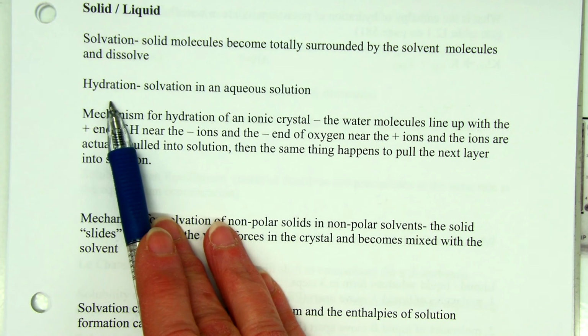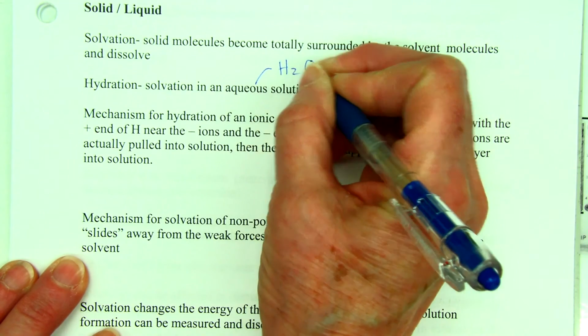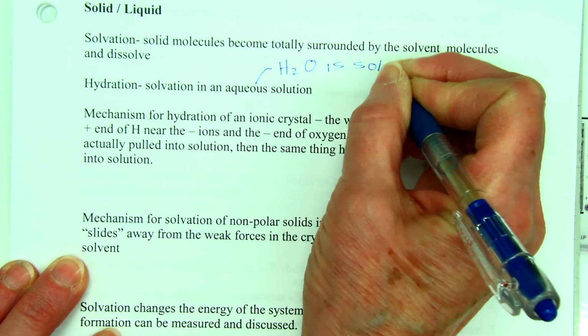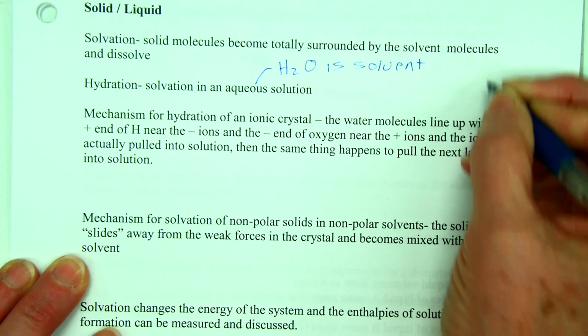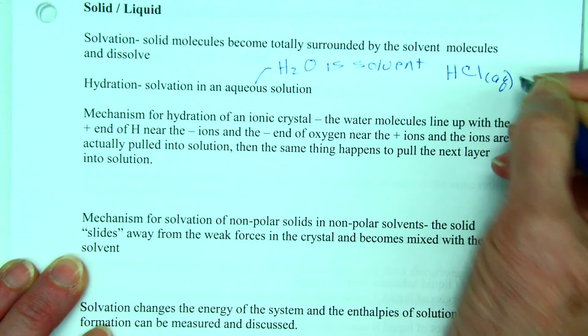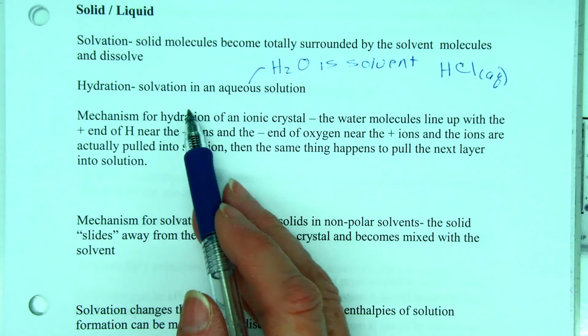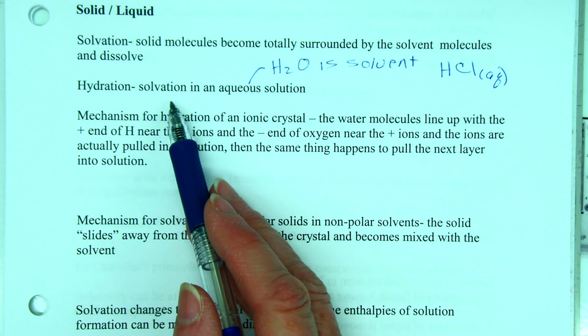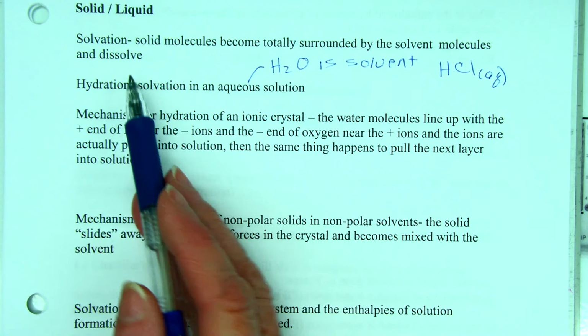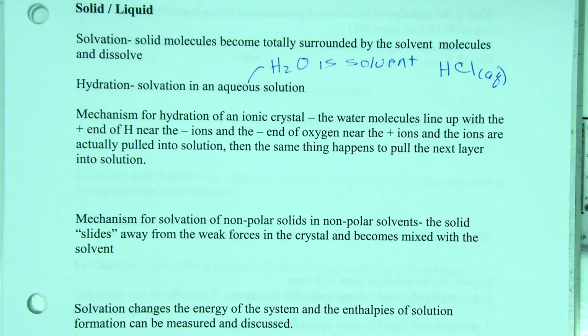When we have an aqueous solution, that means that water is the solvent. That's what aqueous means. You remember aqueous from Chem 111? Remember when we wrote things like HCl (aq), and that was hydrochloric acid because we were dissolving hydrogen chloride gas in water? The aq means dissolved in water. Then instead of saying it's solvated, we say that it's hydrated, or solvation becomes hydration in aqueous solutions.